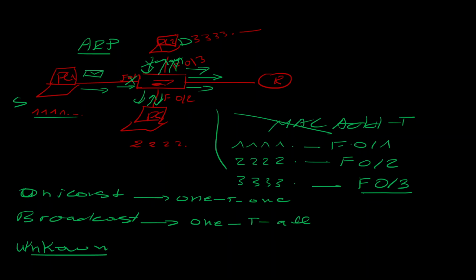So we have three scenarios: one-to-one communication, unicast. Known unicast frames are sent exactly to the destination based on the MAC address table. Unknown unicast frames are treated exactly like a broadcast, and the broadcast, of course, the switch will send to all ports except the port that it was received on.